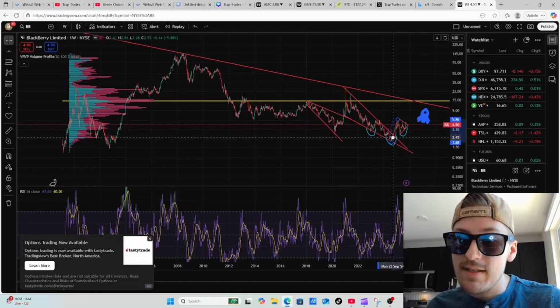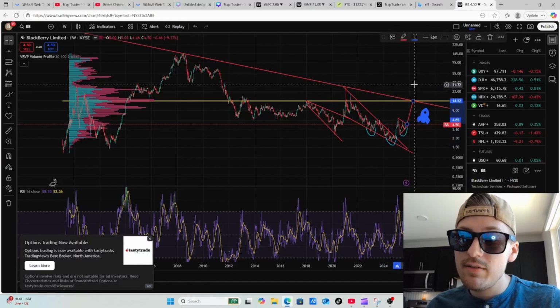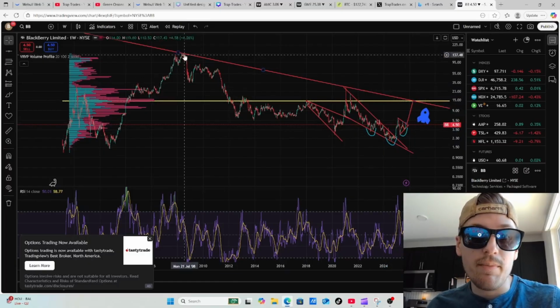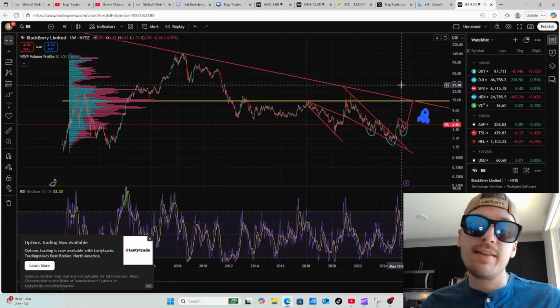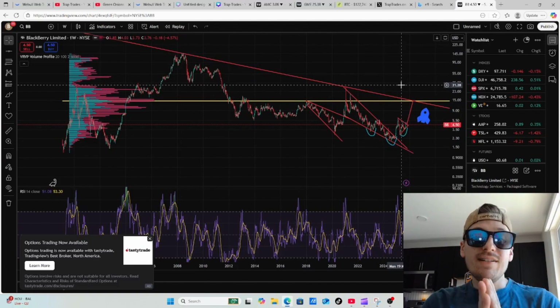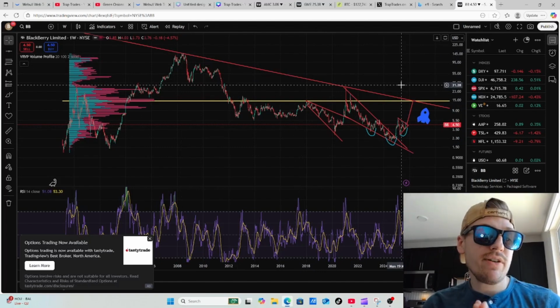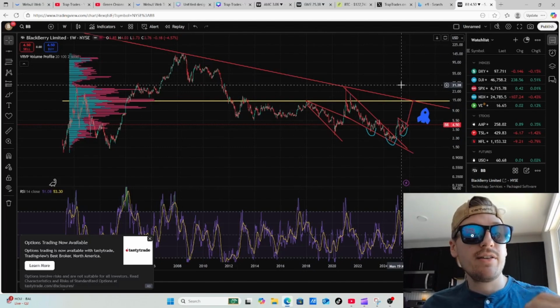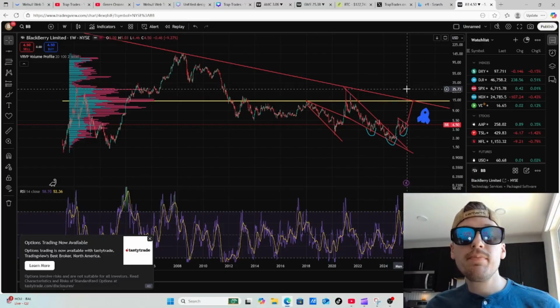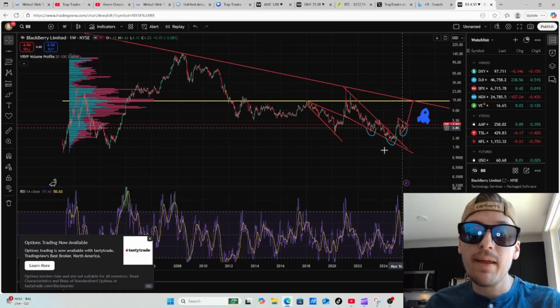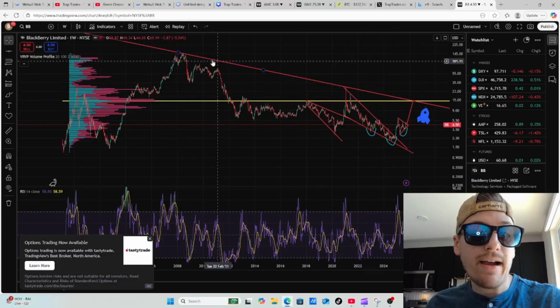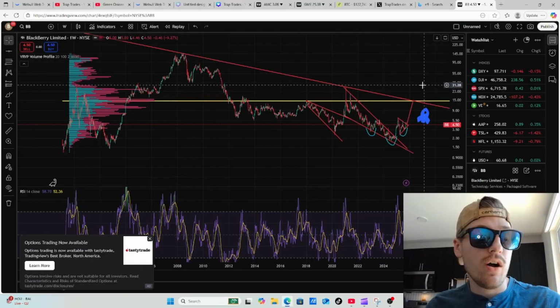One of them is the price target from this flag and inverse head and shoulders brings you directly up to the 1, 2, 3, the all-time resistance line on BlackBerry's chart that has rejected you twice and could potentially reject you a third time. And this would be your macro resistance, just overall, right?